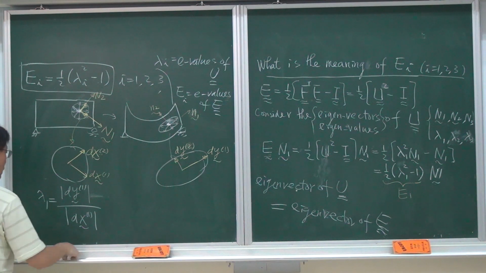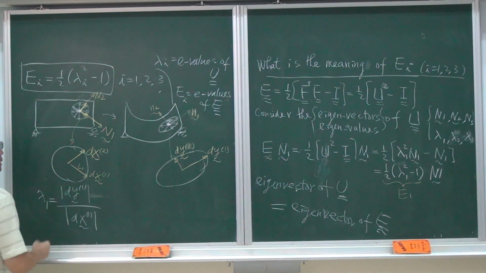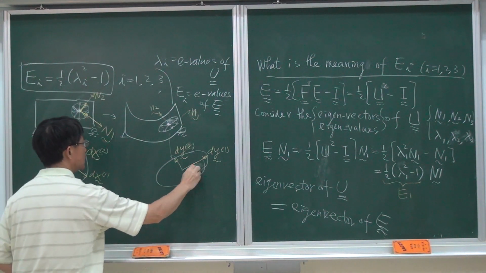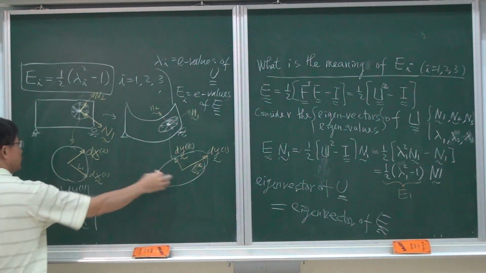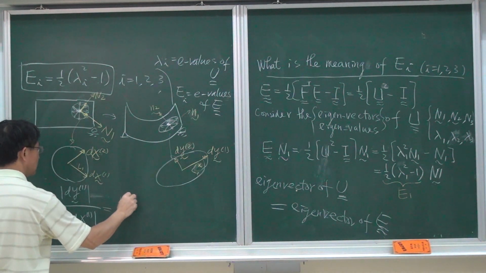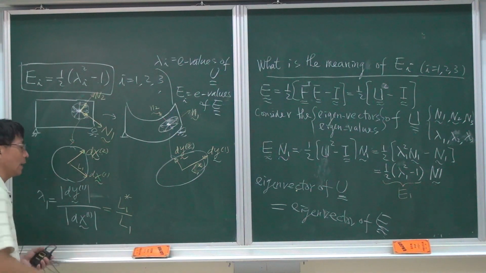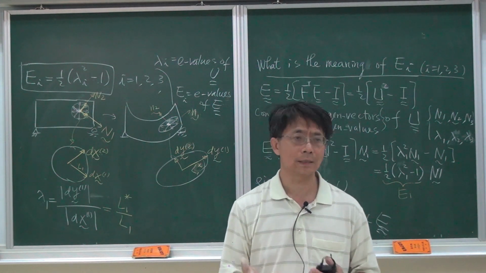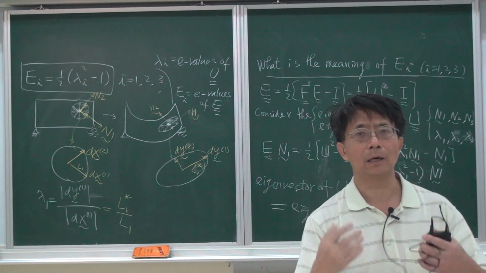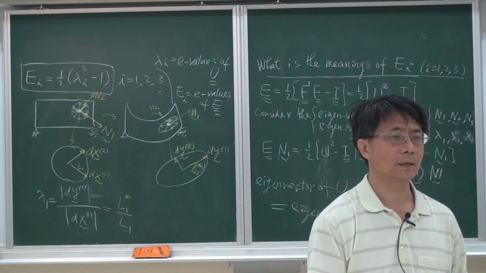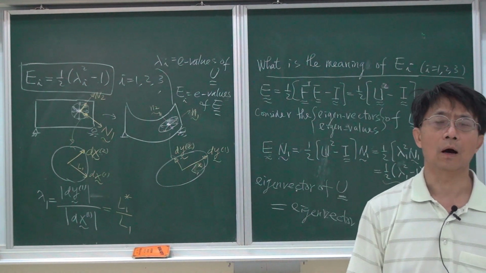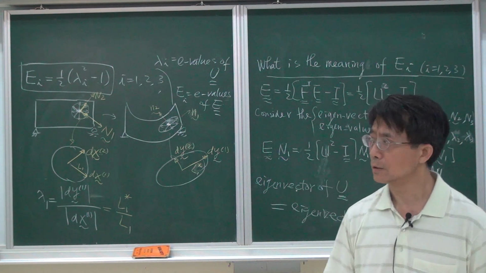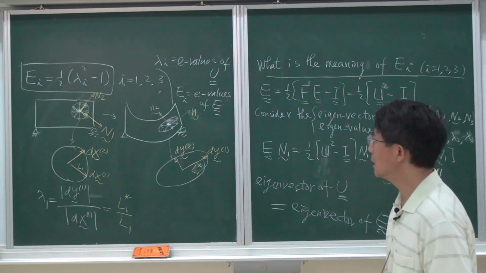Okay, for example, this is L1 and this is L1 star. This is the length. The eigenvalues of U are the ratios of the material line length after and before deformation.